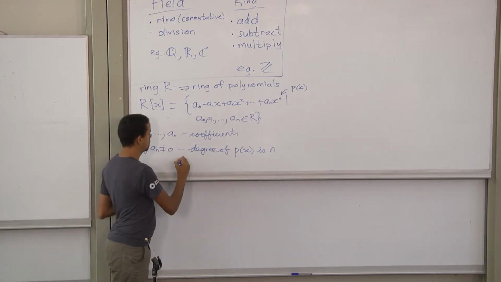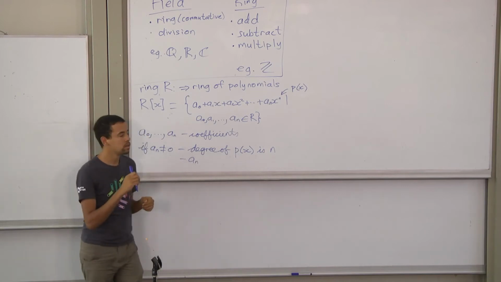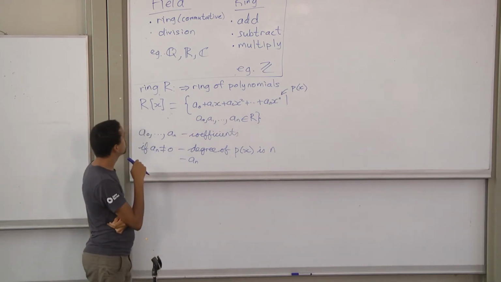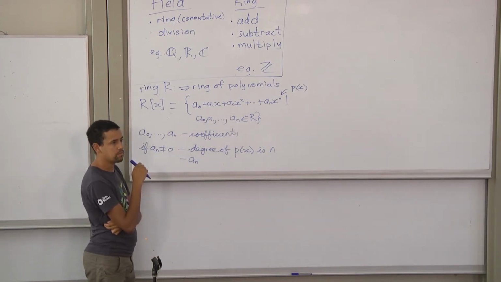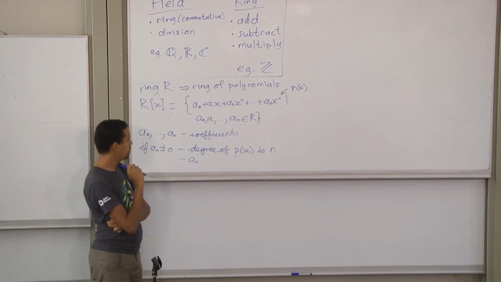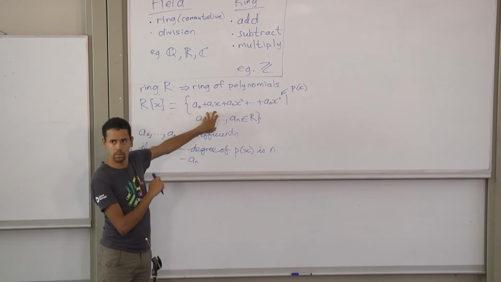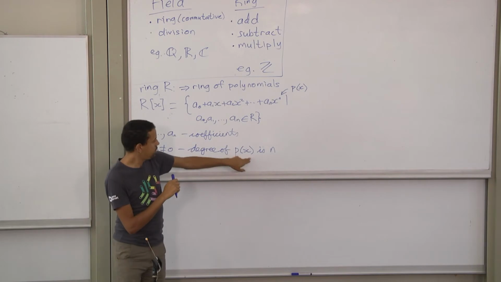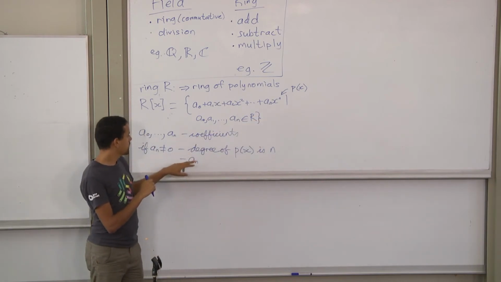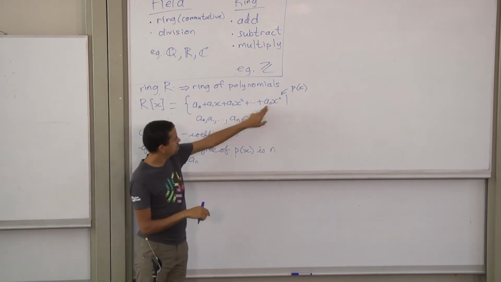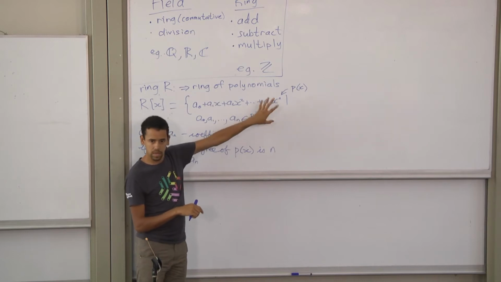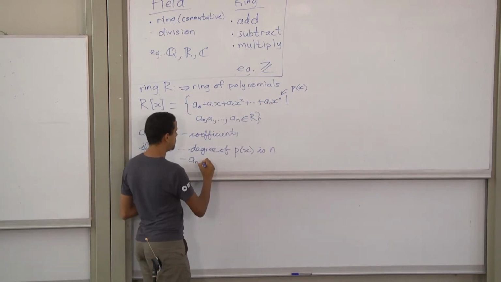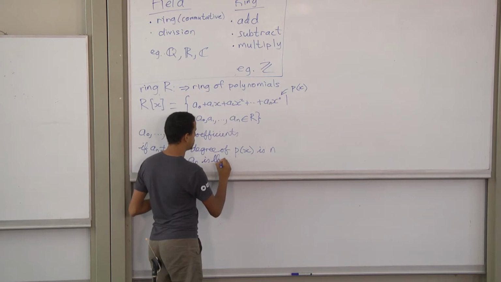And so when you say R of x, you're referring to a bigger set, are you? Yes. And the P of x is just that specific example within the bracket? Yes, so P of x is one particular polynomial that I'm now talking about. So the degree of P of x is this, and an is the coefficient of the biggest power of x. That's called the leading coefficient.